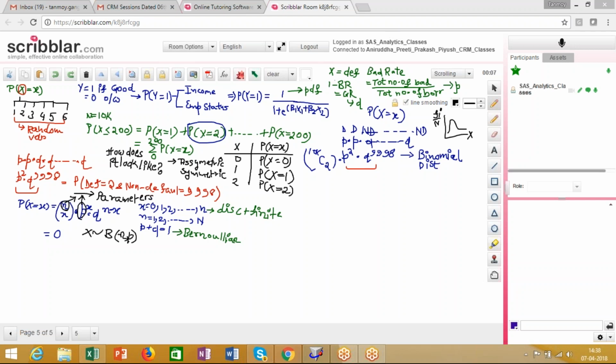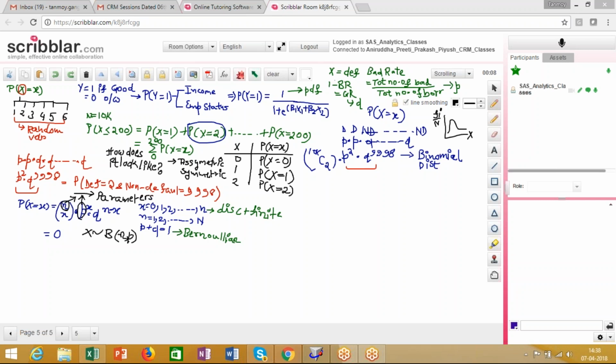That is the reason why most of the joint probability distribution functions for credit risk follow a binomial in nature.